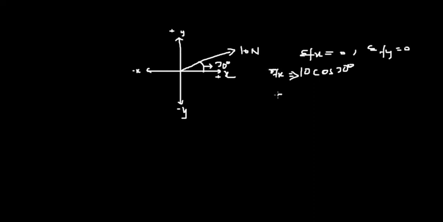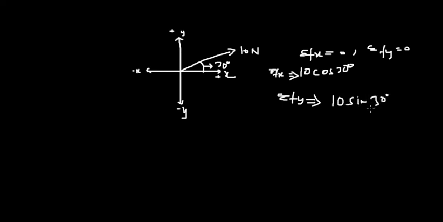Now when you take the force along the y axis, since the angle is not in between the y axis and the force, we use sine. So this will be 10 sine of 30 degrees.